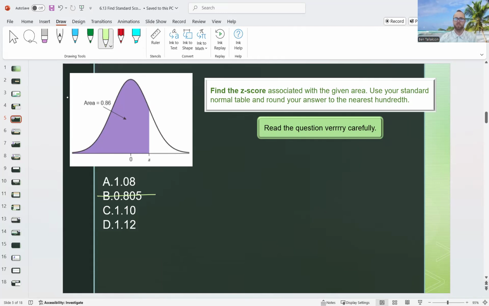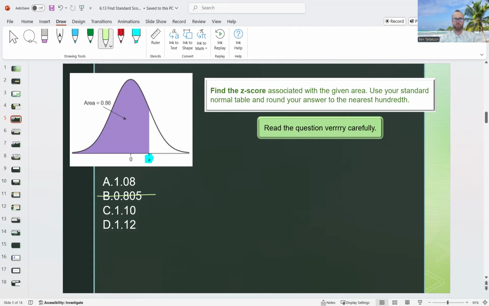Let's see. Well, remember, when you look at those areas in your table, that shows you what? The area to the left of the z-score. And we see z right here, and the shaded area is purple to the left. So that means if we can find that z-score, we can solve it, right?